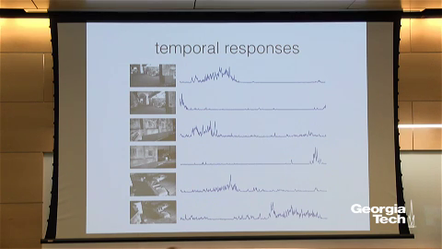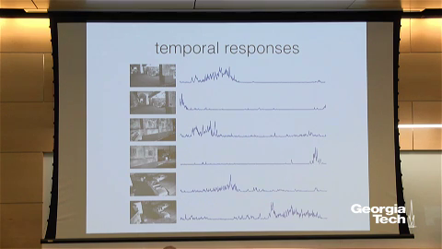And so what we're seeing here, for all 6 clusters, are the average temporal responses across all of the activities within a neuronal cluster. And then we're also displaying here the image that this cluster of neurons seems to respond to most preferentially. What we're seeing is that the activity of these different clusters of neurons seems to be distributed and almost orthogonal to one another temporally.